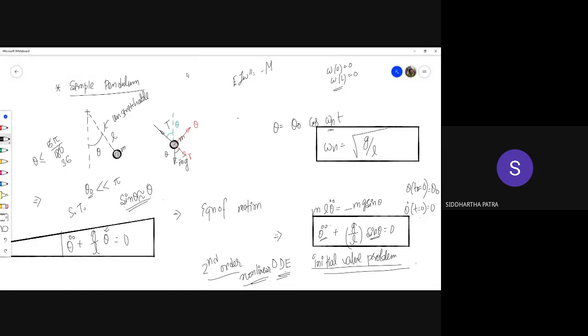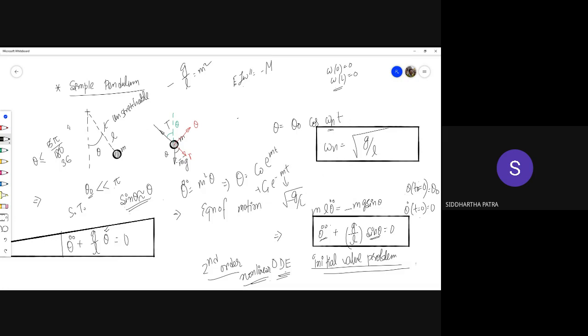So you can imagine minus g by L equals m squared. So you have theta double dot equals m squared theta, which basically means that theta equals C0 e to the power mt plus C1 e to the power minus mt, and this m would be a complex number, which is square root of minus g by L, and from that you can actually get a sinusoidal solution.